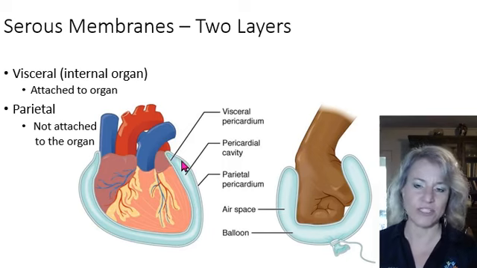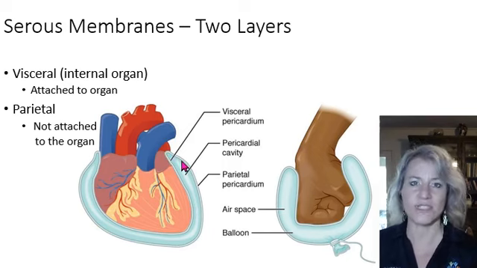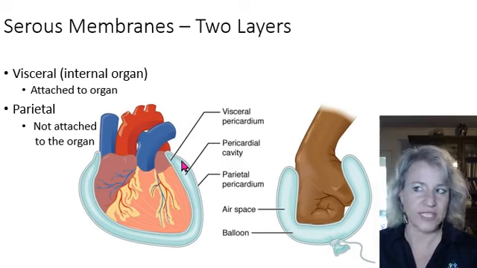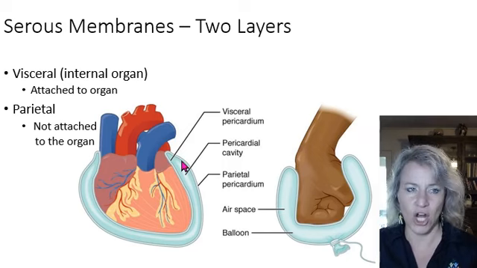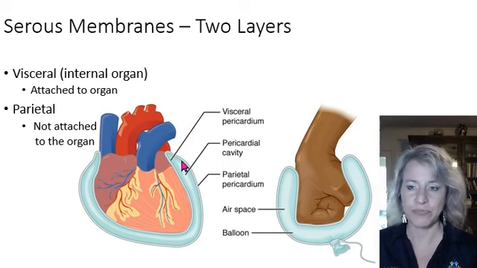So it is as if the heart was inside a sack of water. Sometimes the pericardium is also known as the pericardial sac, because it's like a sack of water completely surrounding the heart. This little diagram of the fist in a water balloon is very much like that.